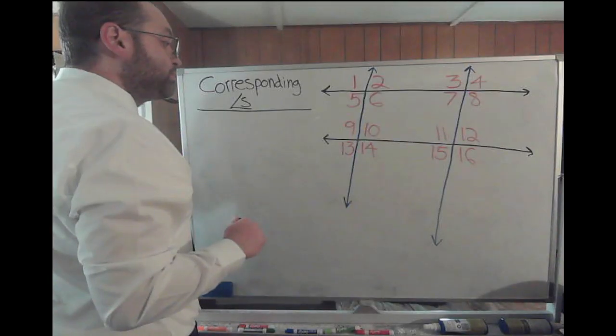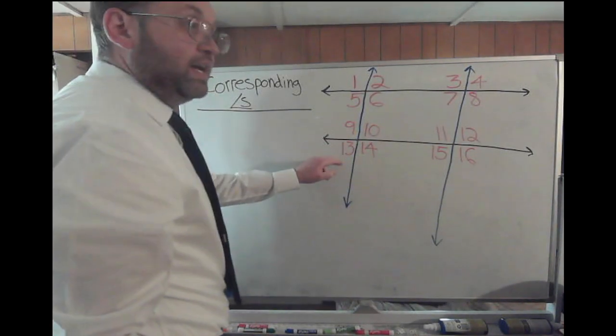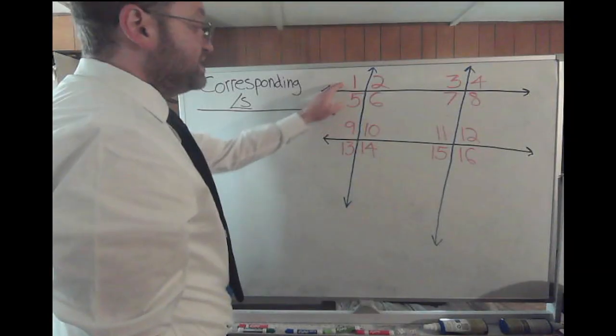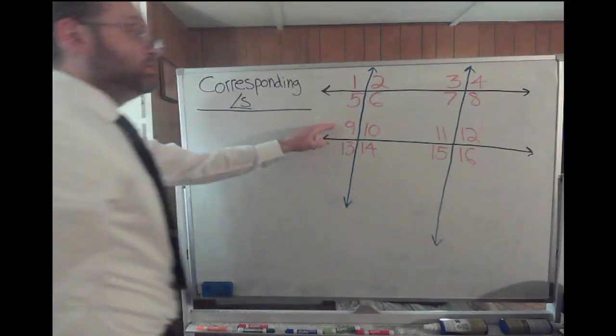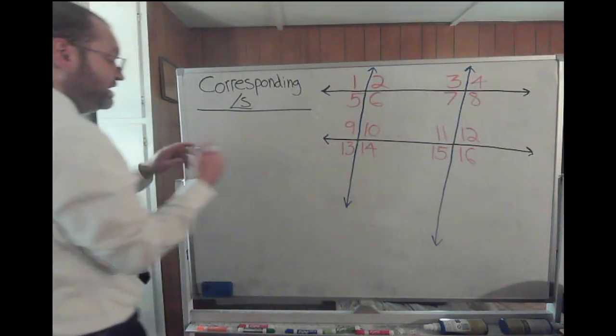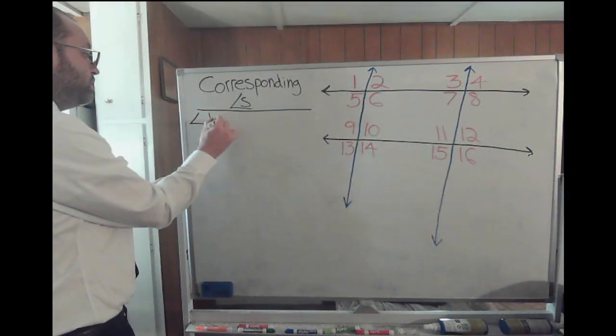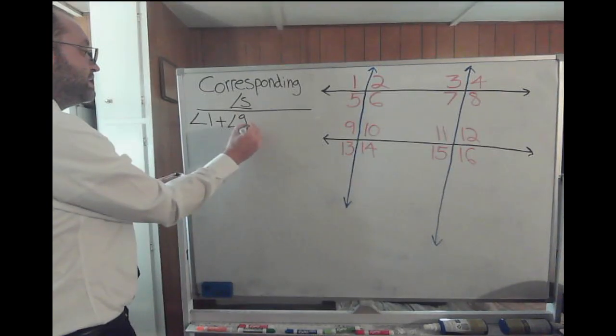Well, angle 9 is in the top left of the second line, the bottom line. If they're in the same position on each line, they're corresponding angles. So angle 1 and angle 9 are corresponding angles.